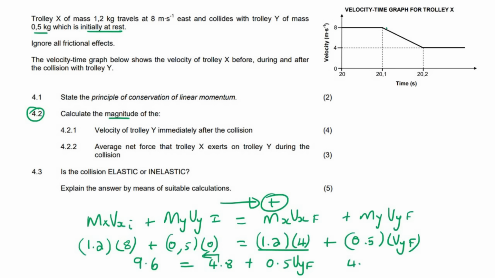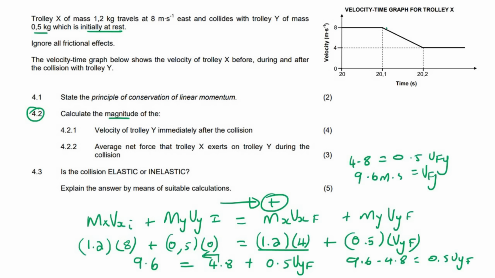So we end up with 9.6 minus 4.8 equals 0.5 vY final. And then if you minus these two, you actually get 4.8 equals 0.5 vY final. And then if you divide by 0.5, you end up with 9.6. And you don't have to give a direction because they said magnitude. So you just say that.